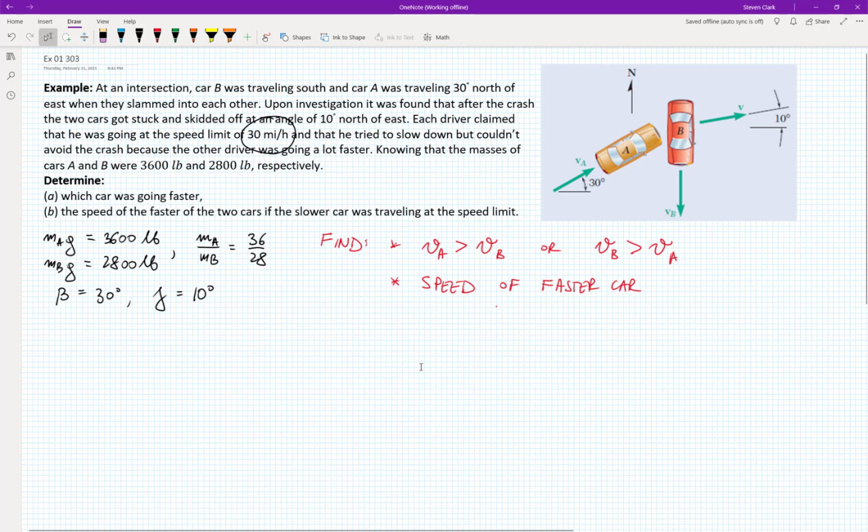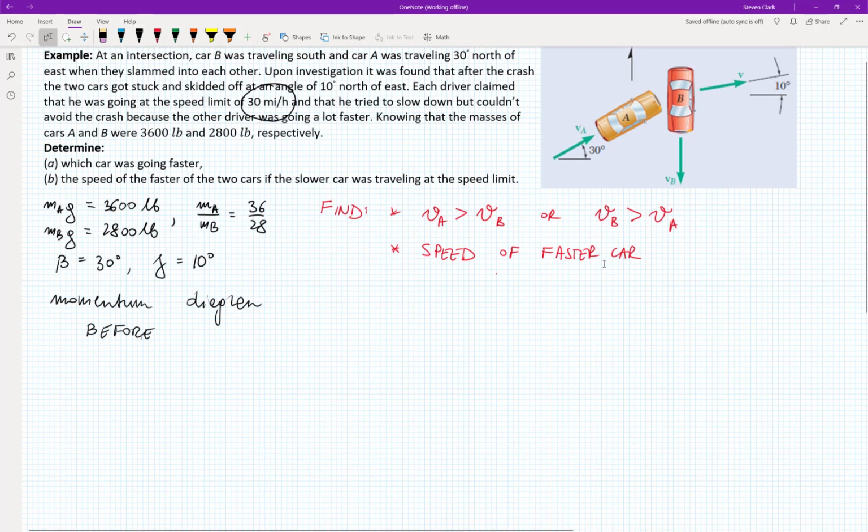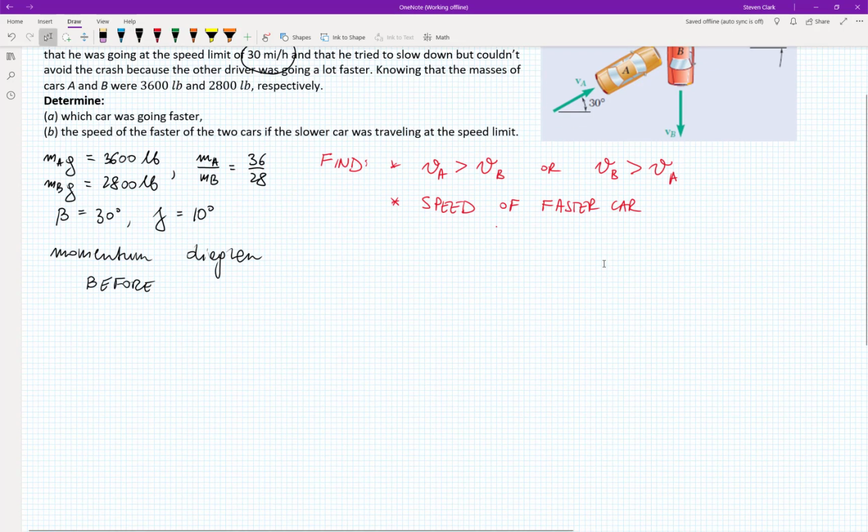Okay, so this is how I solve these problems. I just start with a momentum diagram, where I show what is the momentum at the beginning and what is the momentum at the end. So I'm going to write here before, and I'm also going to show what happens after. So I believe that before we have such a situation.